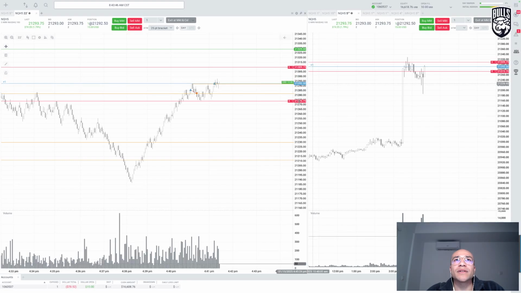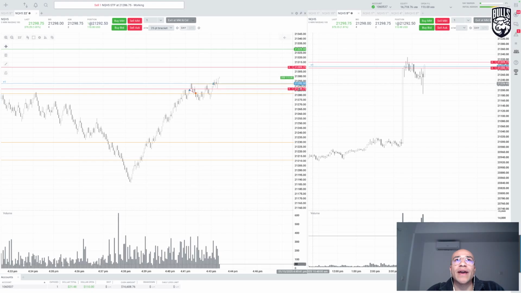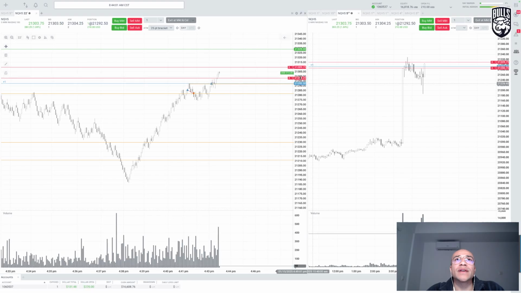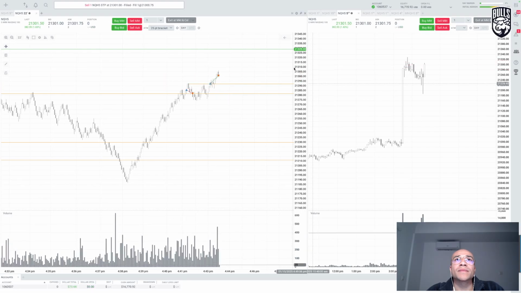And again here, I'm not too confident with this position, so I'm moving my stop loss closer to my entry right here. Now further moving it into profit. And so this trade went into my favor.